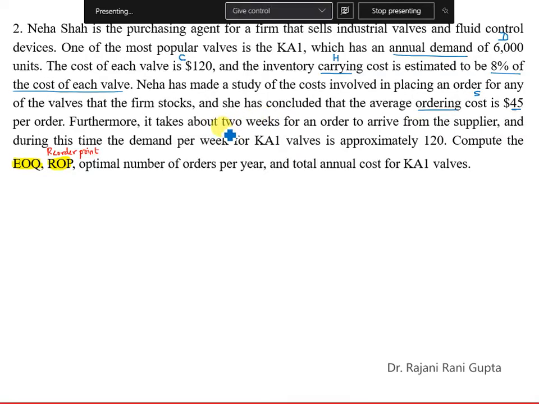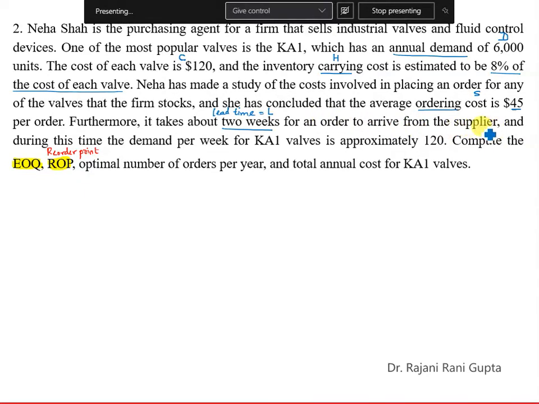This time to deliver the order is known as the lead time, represented by capital L. Lead time is the difference in time between when you place the order and when you receive it. So if you receive the order 2 weeks after placing it, then these 2 weeks are the lead time. Okay.